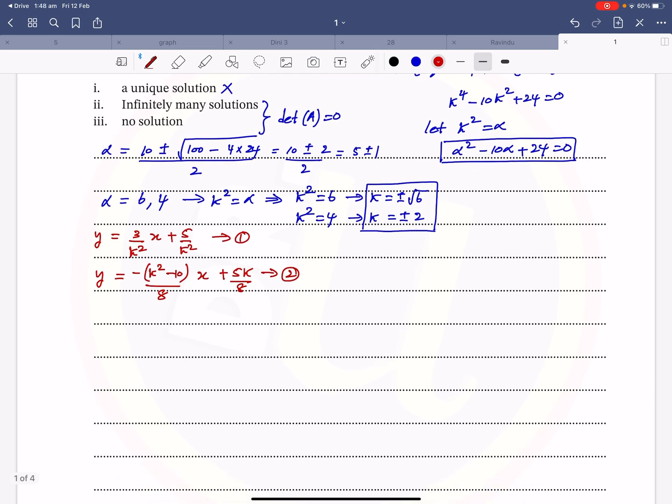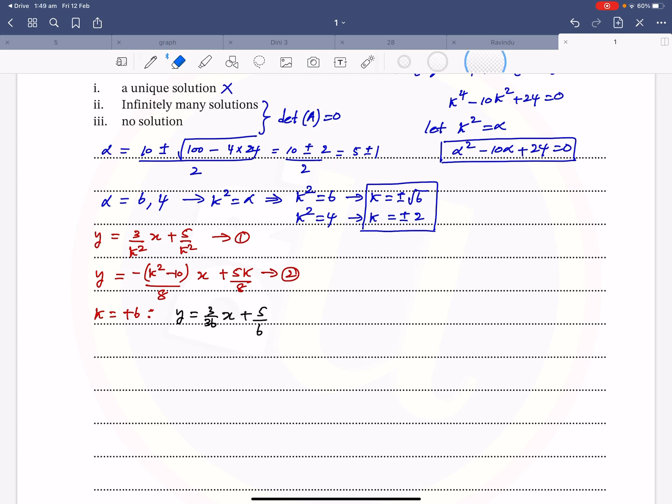Now we will choose k is equal to plus square root of 6 and rearrange the equations. I made a mistake over here: it's the square root of 6, so y is equal to 3 divided by 6 x plus 5 divided by 6.